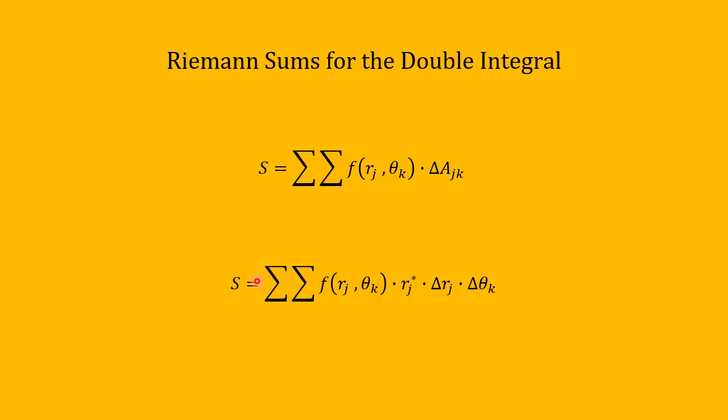And so we get the Riemann sum is the sum over all relevant j's and k's, the function evaluated at r sub j, theta sub k, and then this area is r sub j star times delta r sub j times delta theta sub k. So this gives us a very big hint as to what the double integral is going to look like, the iterated integral. It's going to be an iterated integral over f of r, theta times r dr d theta.